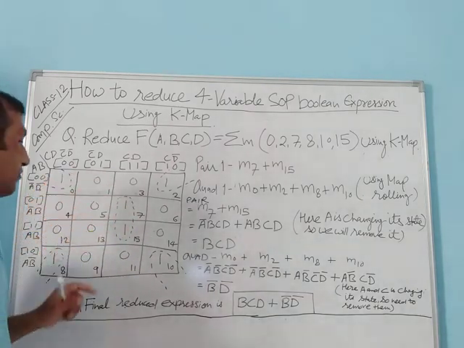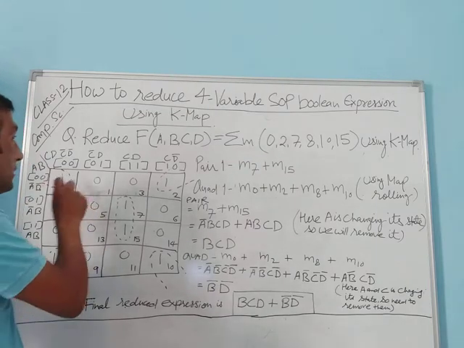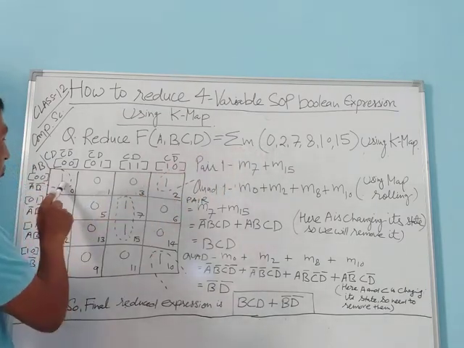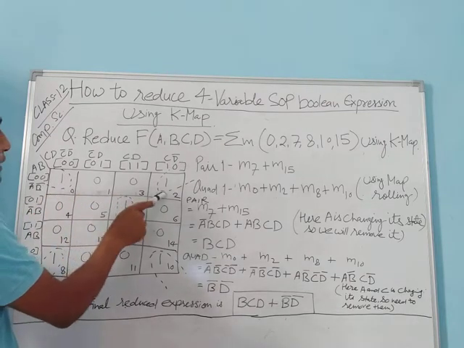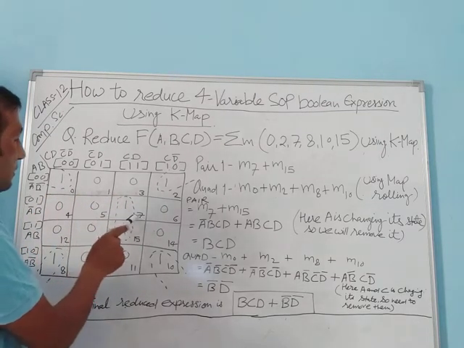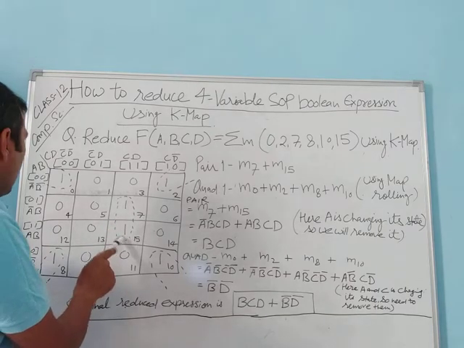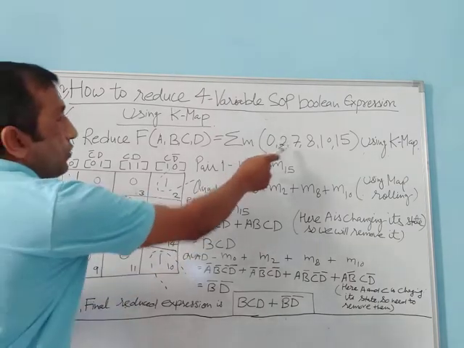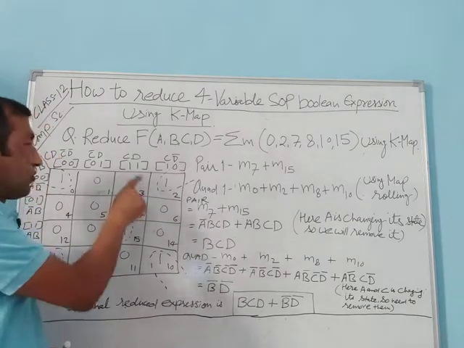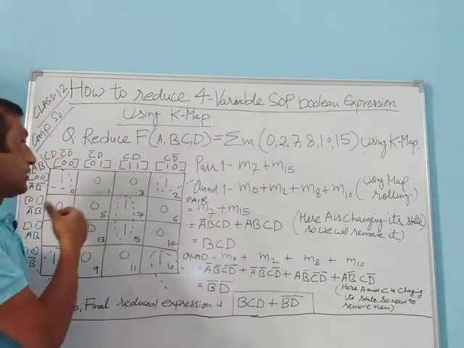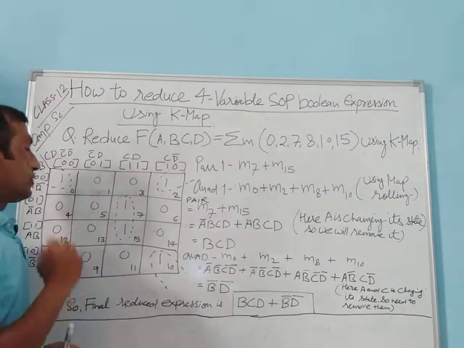Out of these 16 boxes, fill 1 in those boxes, like you can see, 1 in 0, then 2, then 7, 15, 8 and 10. Now the rest of the boxes we have to fill with 0.